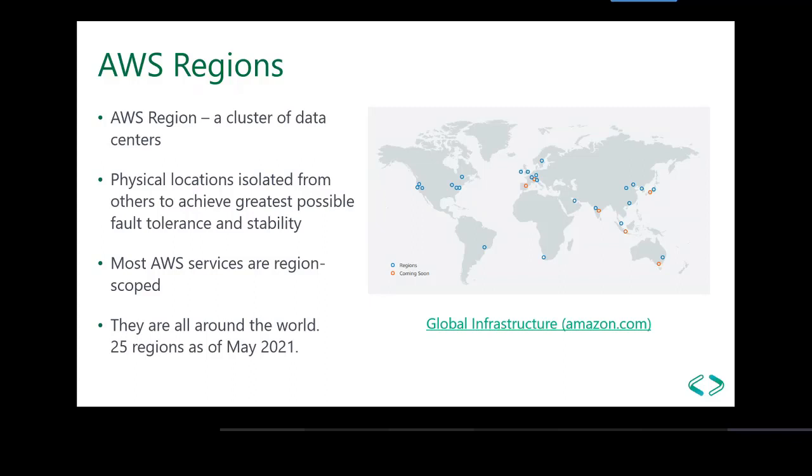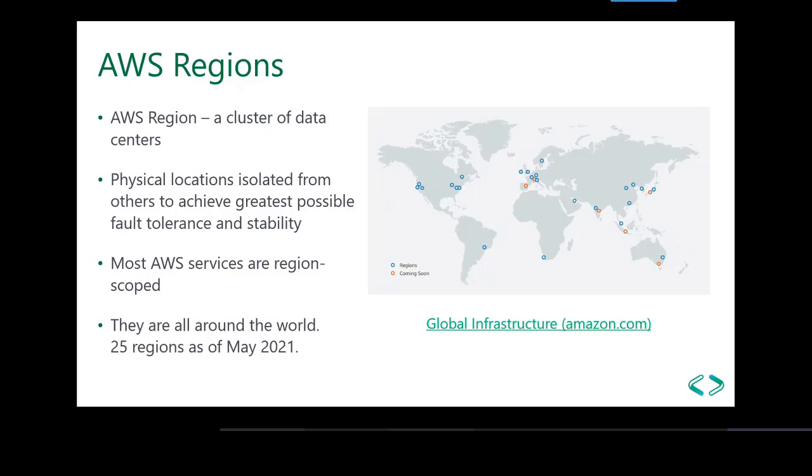The answer is no. The databases will be in state of the art AWS data centers. It's not actually up in the cloud. It's in someone else's data center, in this case AWS data centers.